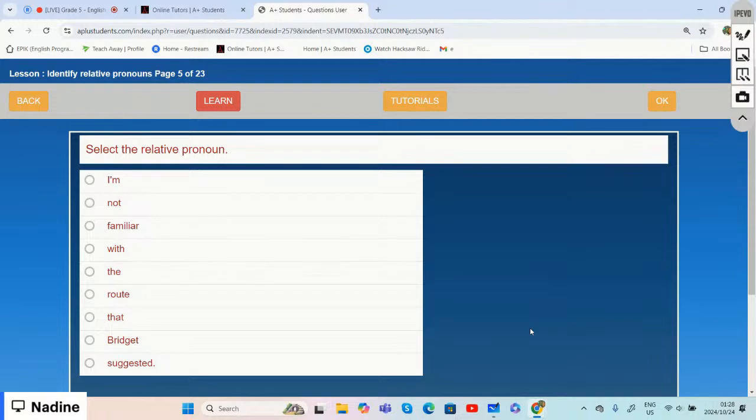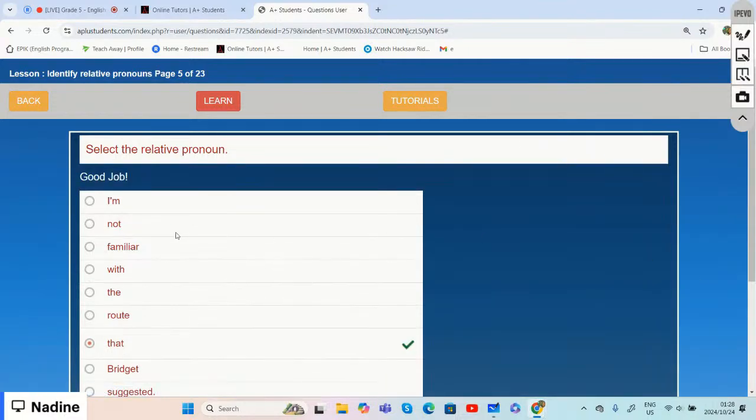All right, and if we were to select the relative pronoun, that is our relative pronoun. Well done.